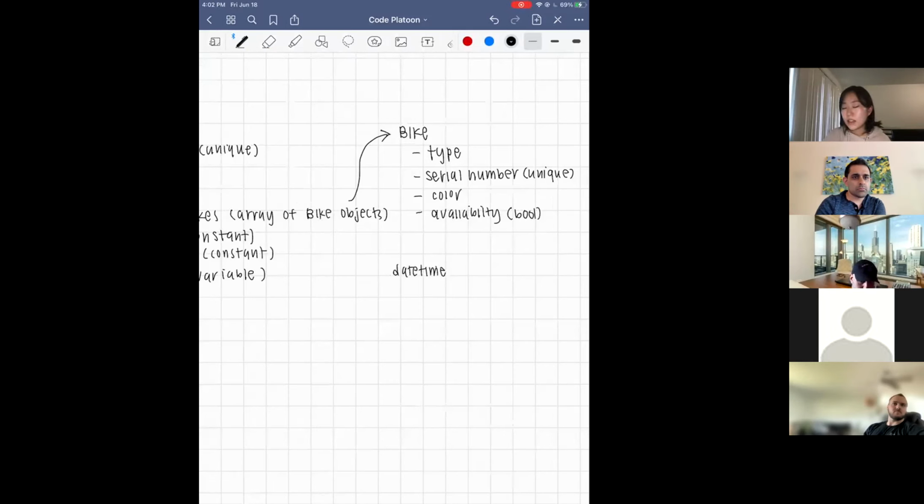So for example, you could do right now is datetime.datetime.today, and then I believe it will return an object like 2021.